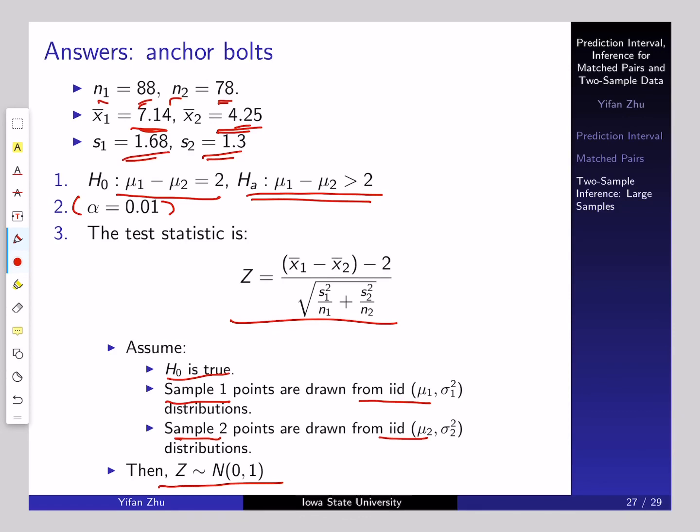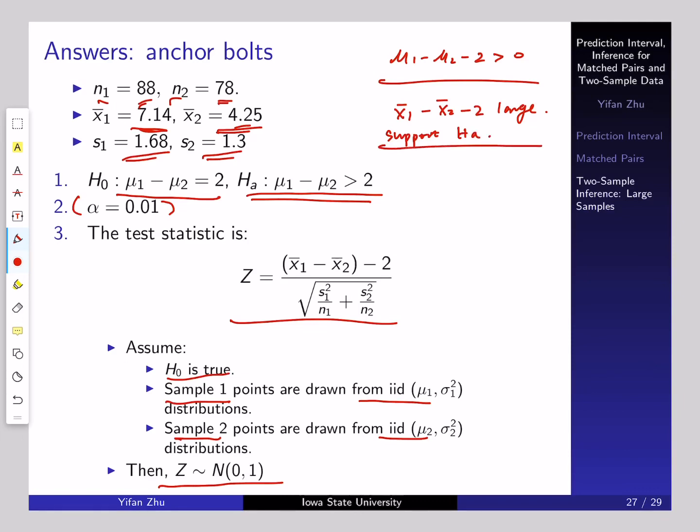And in this case, because the alternative is mu1 minus mu2 greater than 2, and that is mu1 minus mu2 minus 2 greater than 0. So because the alternative is like this, that means if we get x1 bar minus x2 bar minus 2 large, then we will support HA.